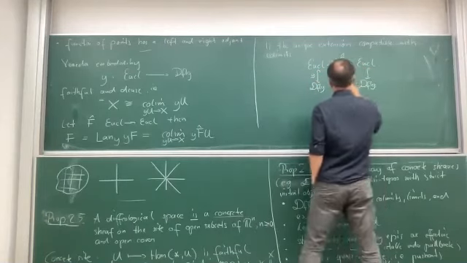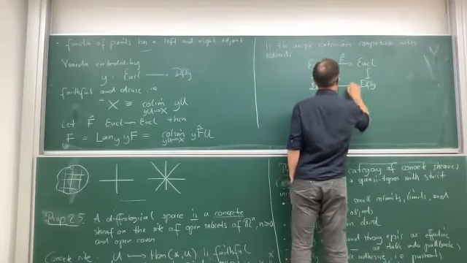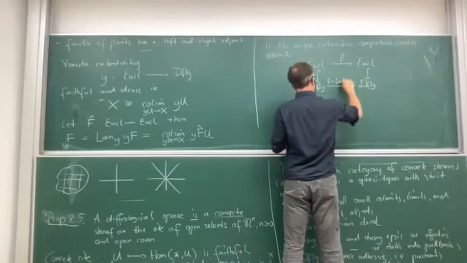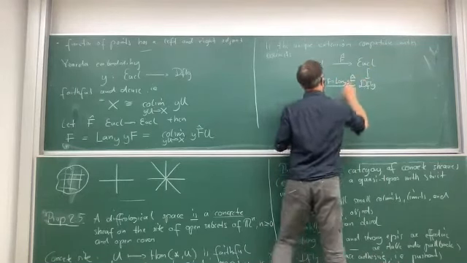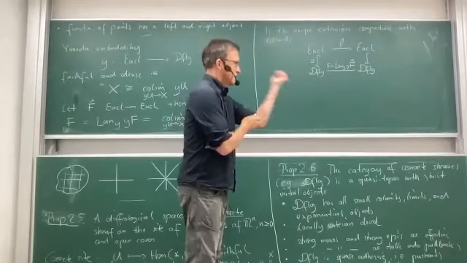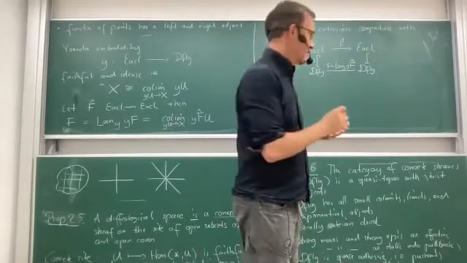Everything works out, and this here is your F. Okay, so this is how the natural extension works, compared with colimits.